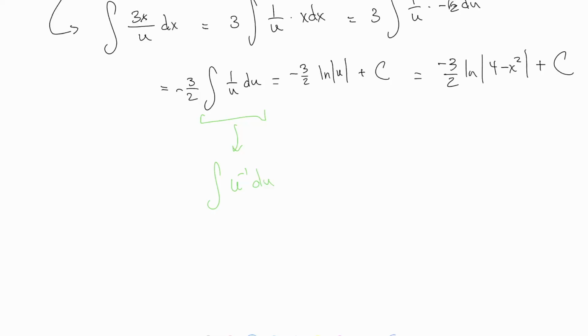Anybody have a problem with that? Yeah, if you were going to do the power thing, okay, that means you increase the power by 1, and it becomes, so the power rule here would say I increase the power by 1, it becomes u to the 0. Actually, this by itself is not so much of a problem. What's the problem?